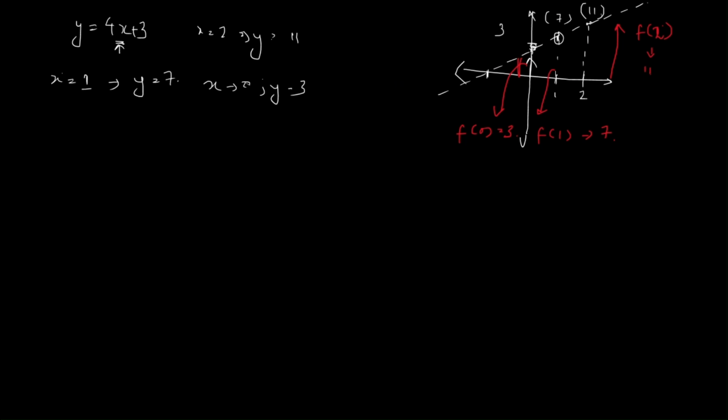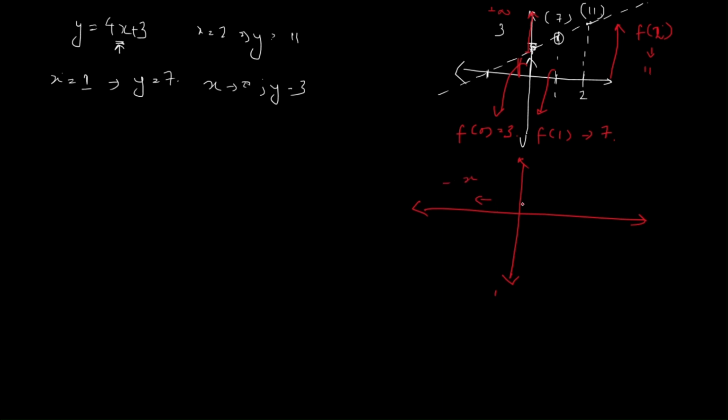But remember, if for some reason this graph was cut short at positive values of x only, then the range will be from 3 up to infinity. For example, if I had this similar graph, but in this case we are not considering negative values of x, right?